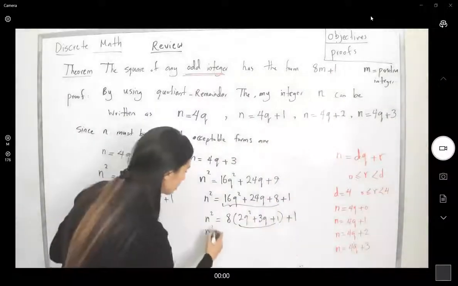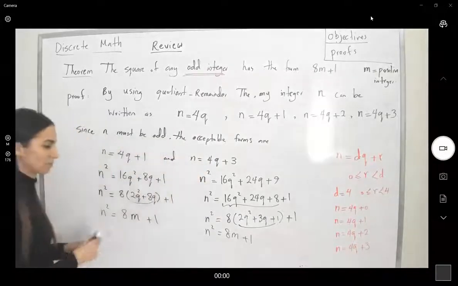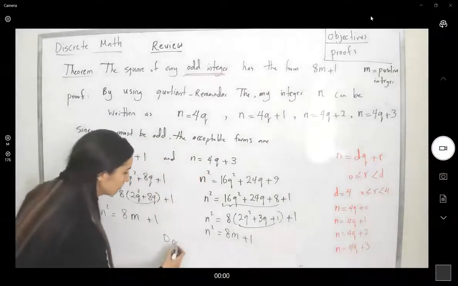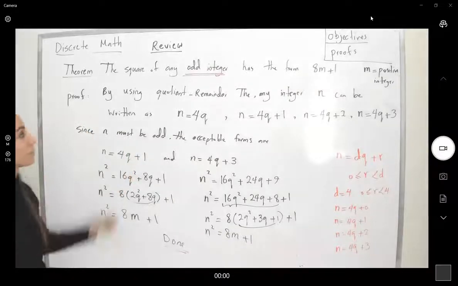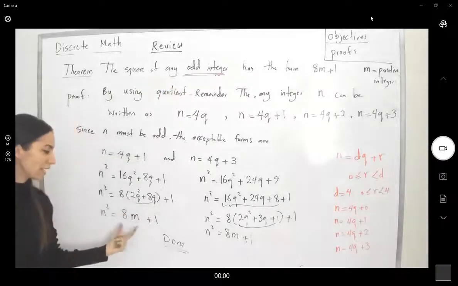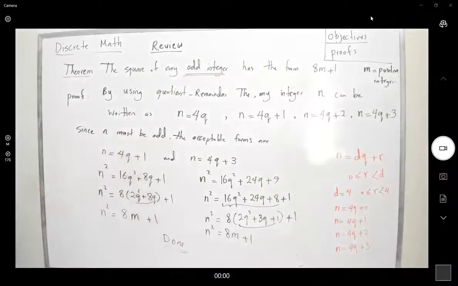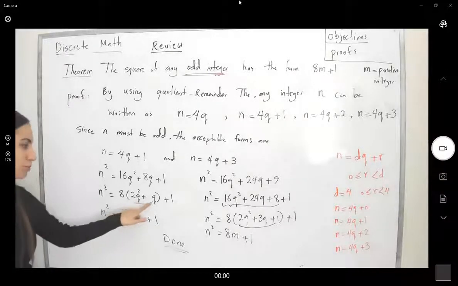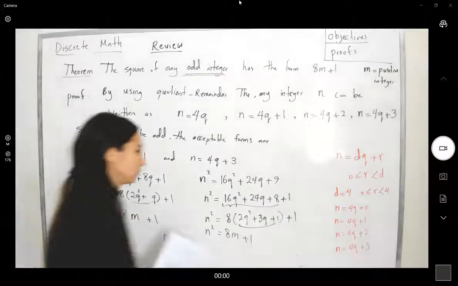So n squared is equal to 8m plus 1. The square of any odd integer has the form 8m plus 1. So this is just q, 2q squared plus q. I wrote 2 here, thank you.